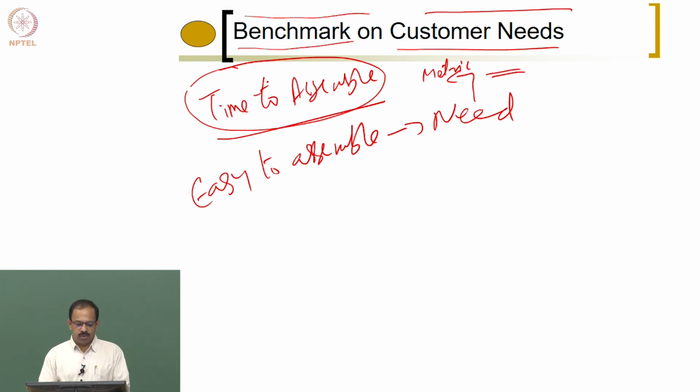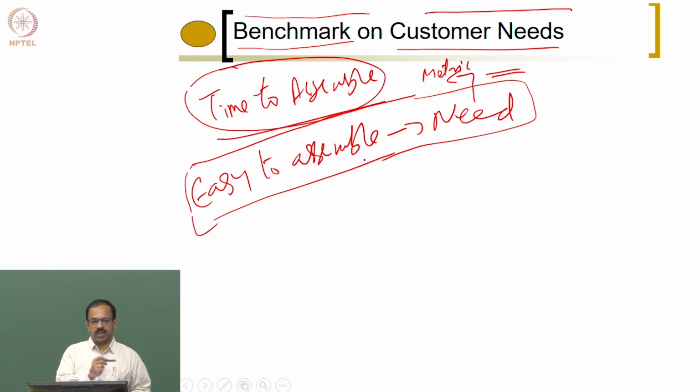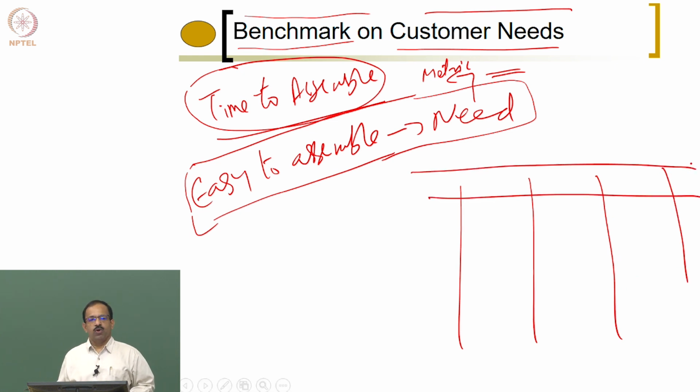We need to set a value so that we can design the product in such a way that it meets this requirement. To do this, the first thing we need to do is to benchmark the need of the customer with respect to other existing products. So we try to identify a few existing products to benchmark.